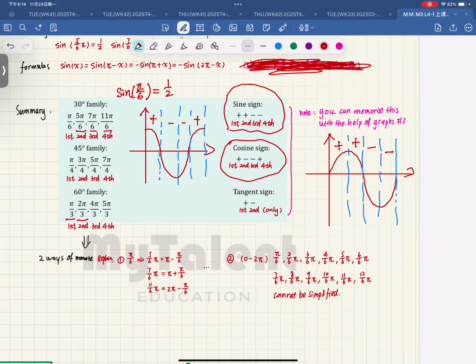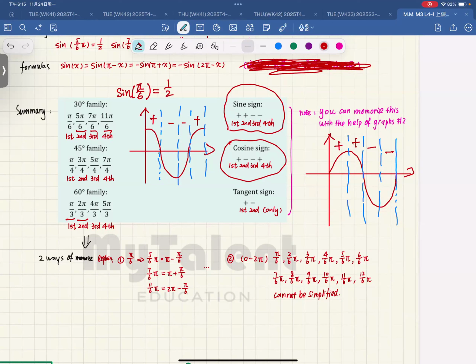Any x value between 0 to pi, they are all positive. Any value between pi to 2 pi, these are all negative.